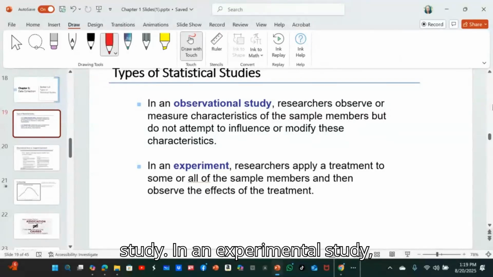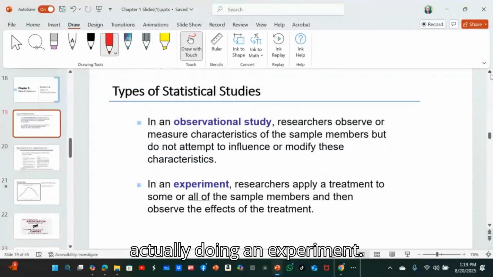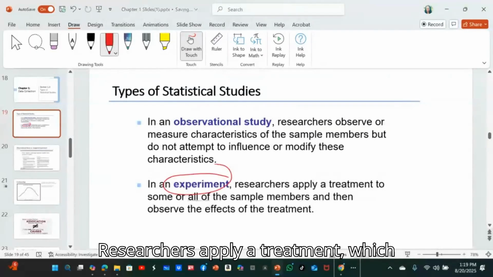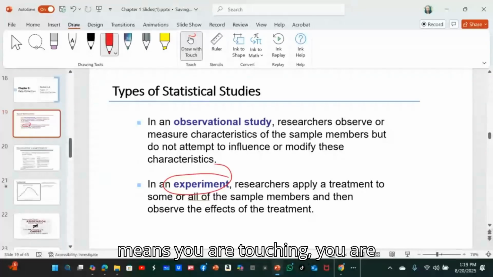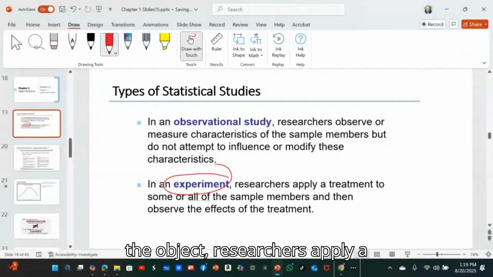In an experimental study, you are actually doing an experiment. Researchers apply a treatment, which means you are touching, manipulating the object.